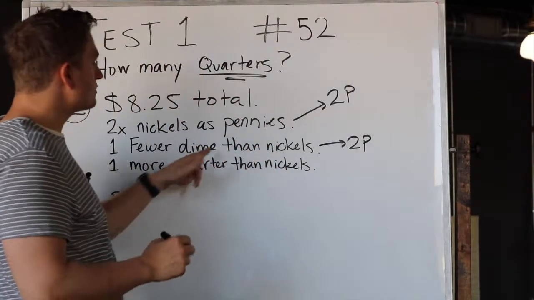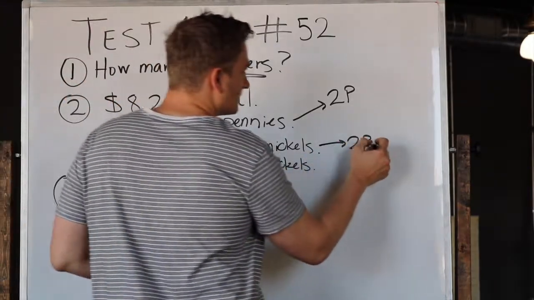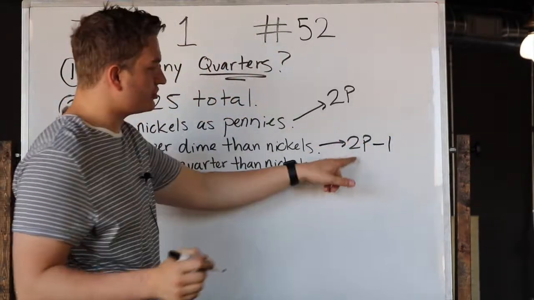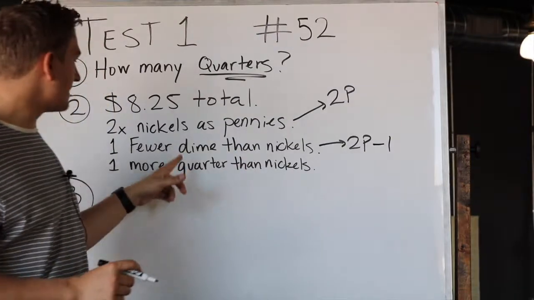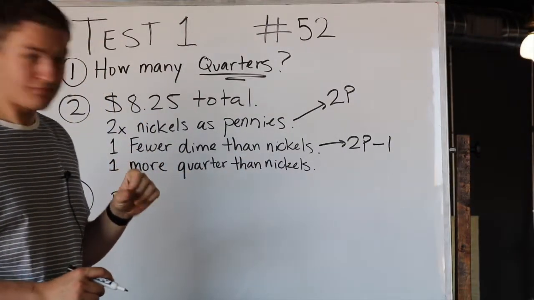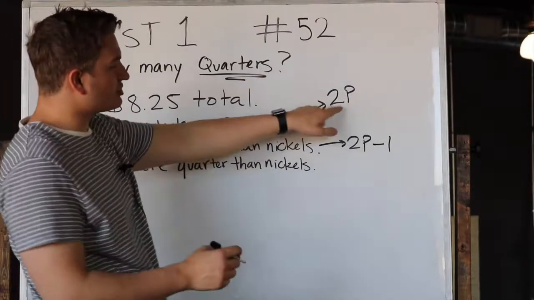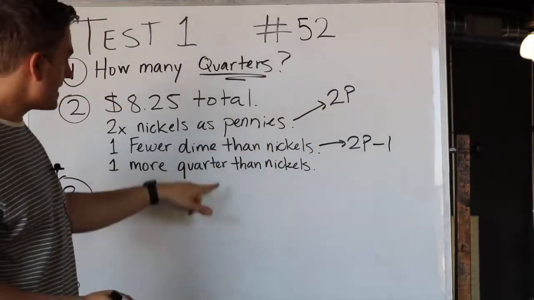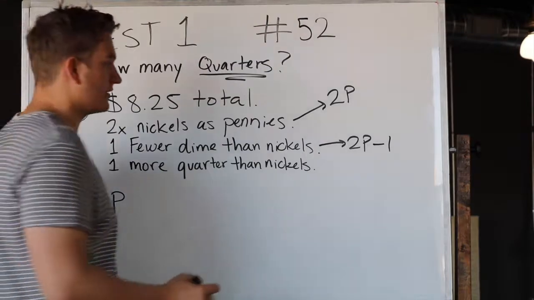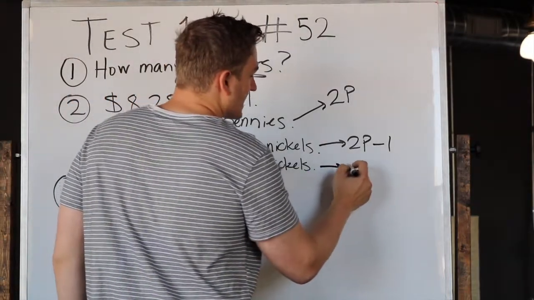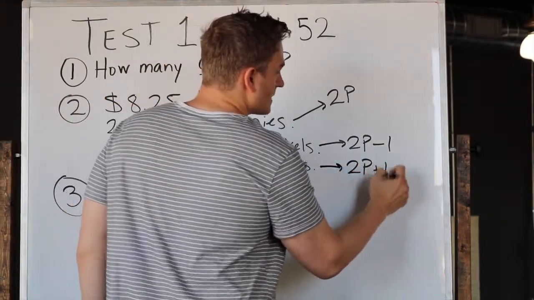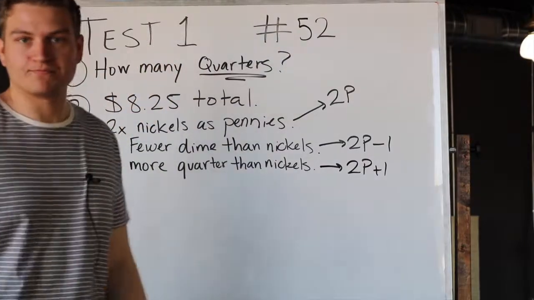One fewer means we're going to subtract 1, so 2P minus 1 is the number of dimes that we have. Let's move on to quarters. One more quarter than nickels. If there are 2P nickels and then we have one more quarter than nickels, the number of quarters has to be 2P plus 1. That's how many quarters we have. All right?